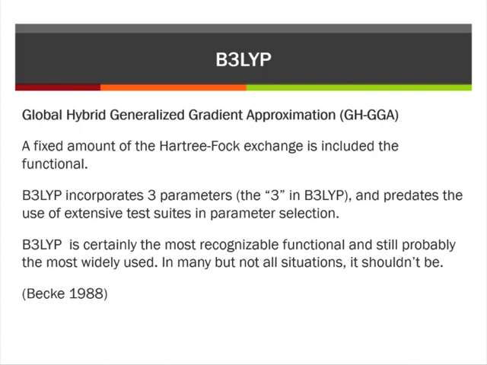What it says is that we're going to mix in a piece of Hartree-Fock theory as a constant into this function. Okay, that's what global hybrid means. B3LYP, the common one, has 3 parameters. That's the 3 in there, and those parameters were selected almost haphazardly. It's amazingly successful given the case.